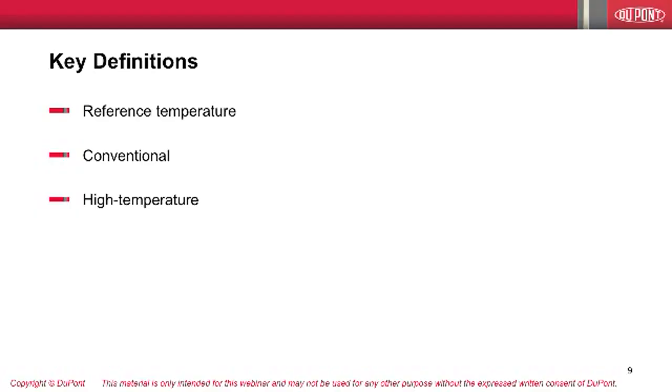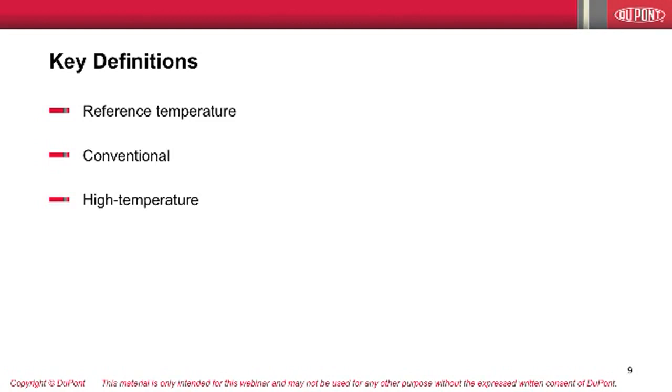For multiple winding transformers that have more than one base rated average winding rise, the highest average winding rise shall be used to determine the reference temperature. This definition was actually added recently to IEEE C57.12.80 in the last revision.